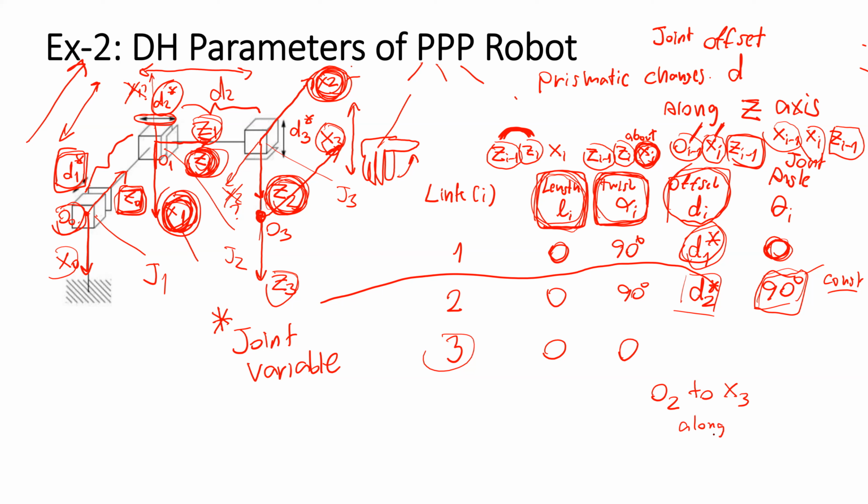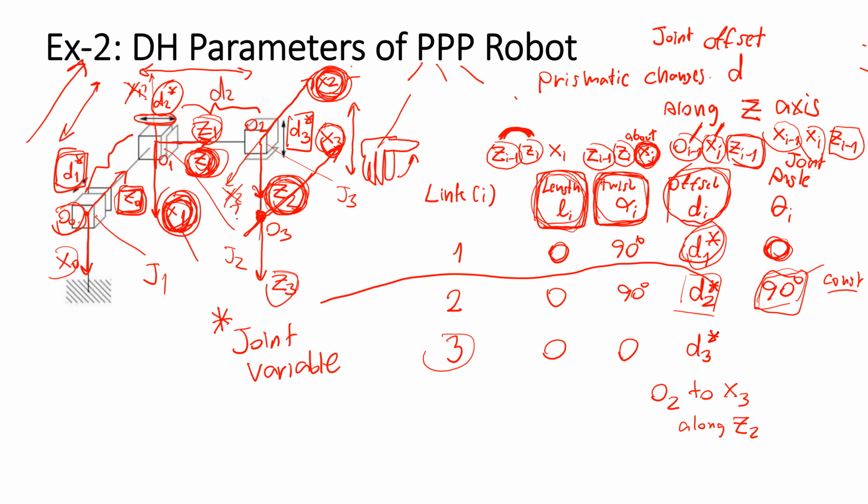along C2. O2 to X3 along C2. So the distance here is controlled by the offset.